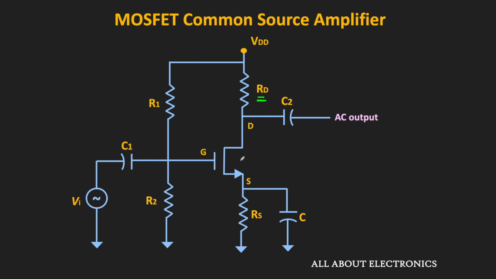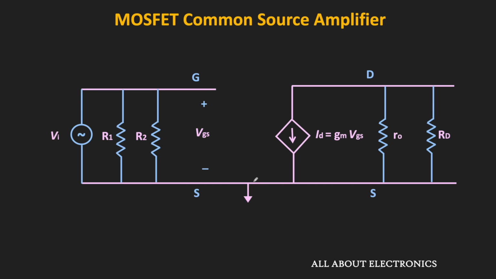Alright, so far we have neglected the effect of channel length modulation, and we have assumed that the output impedance of the MOSFET is infinite. But considering the finite output impedance, this is the small signal equivalent circuit. As you can see, there is an additional output resistance between the drain and the source terminal. In this case, the input impedance will remain the same, that means Zin is equal to R1 parallel R2.